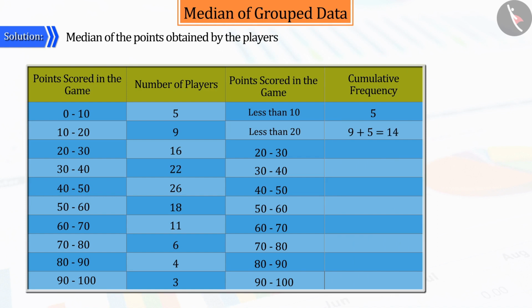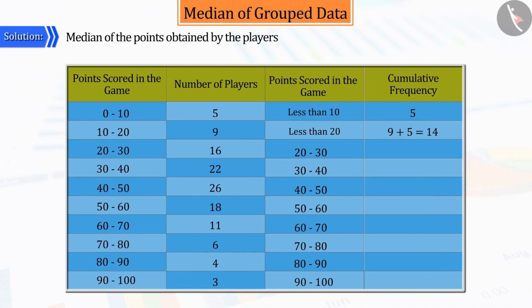Because here, those players will also be included who have scored points in the class interval 0 to 10, and those players will also be included who have scored in the class interval 10 to 20. Where 14 is the cumulative frequency of class 10 to 20.